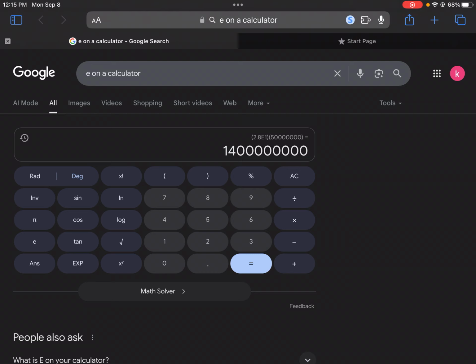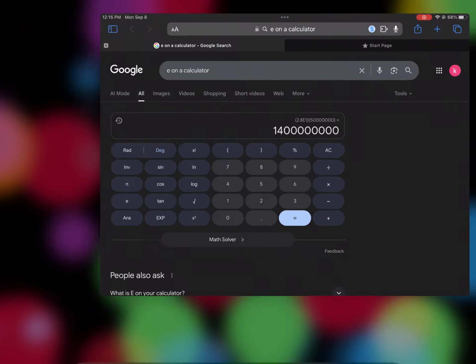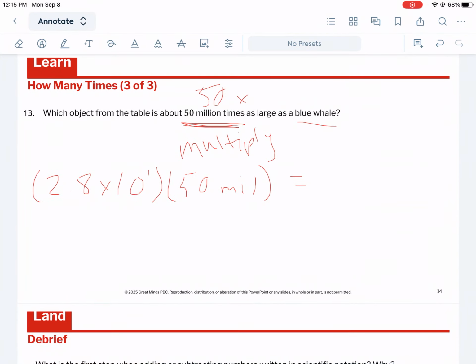I stopped in between that 1 and the 4. That gives us 1.4 times 10 to the 9 in scientific notation.